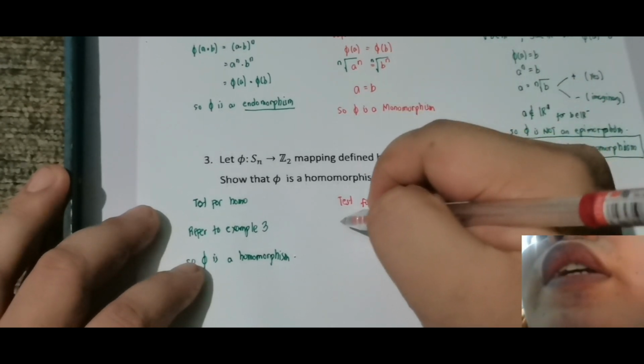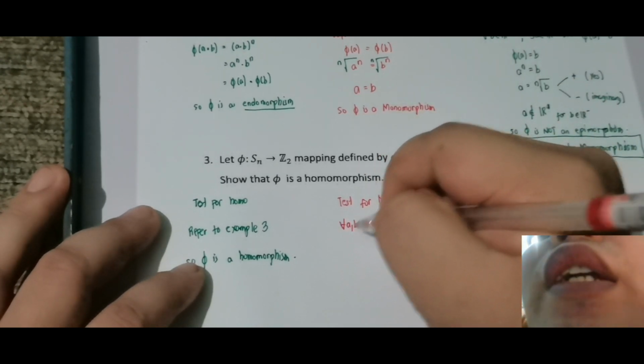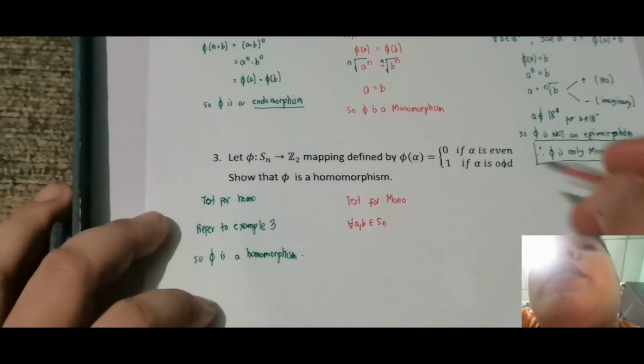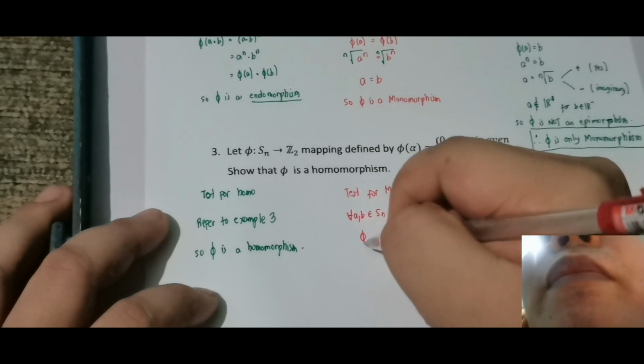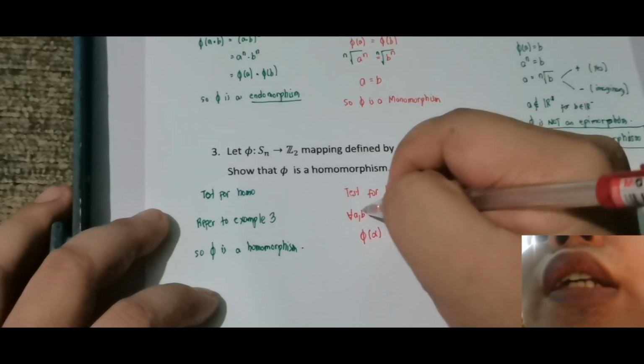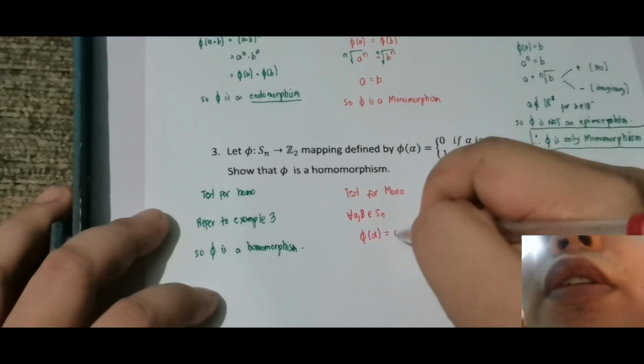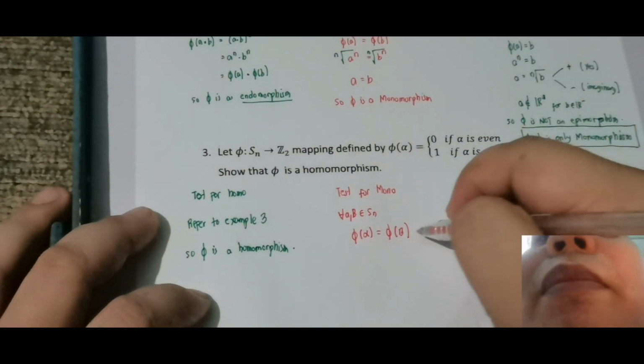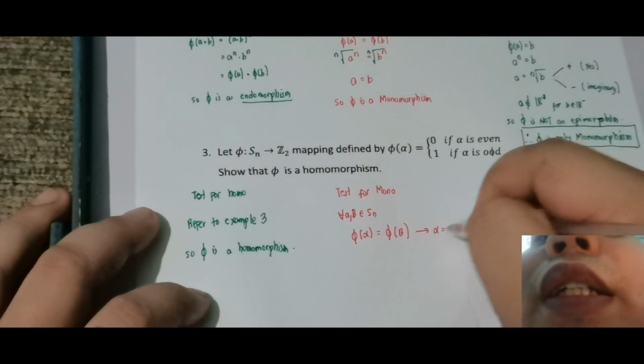For all alpha and beta elements of S sub n, if P of alpha is equal to P of beta, ang goal, lagi bang implies na alpha is equal to beta?